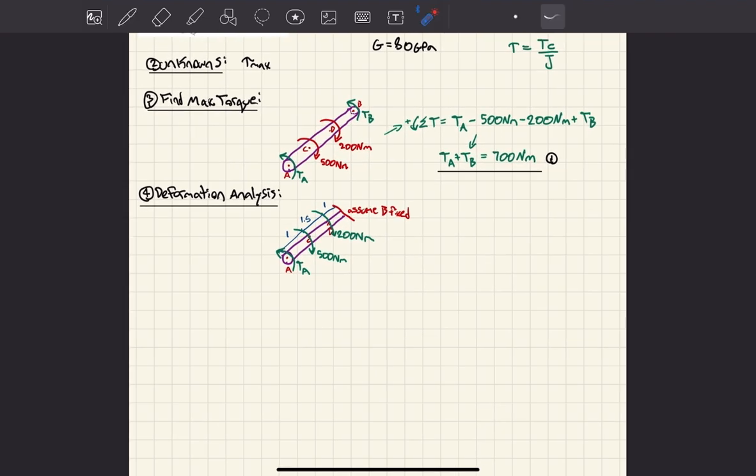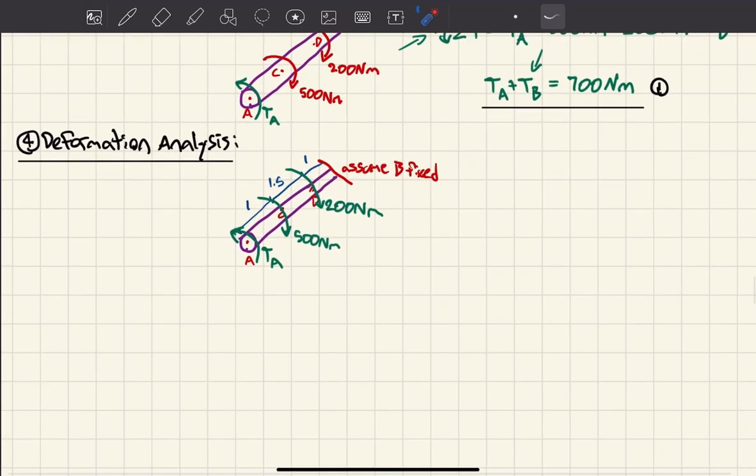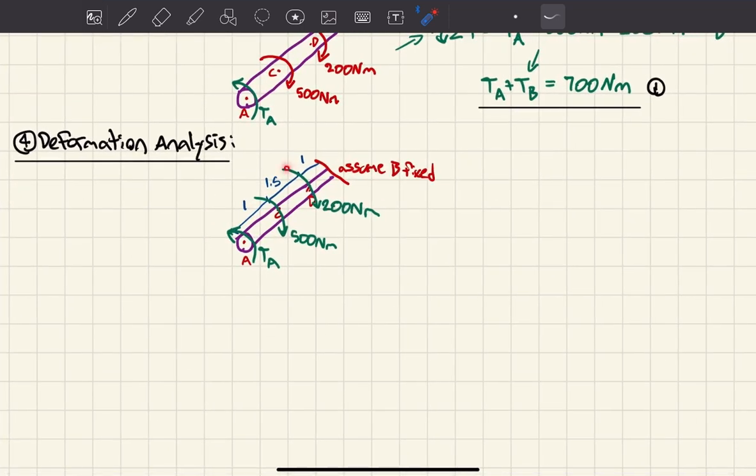Now I'm going to come up with a formula that relates the angles of deformation. So what's happening in this specific scenario? Well, I'm going to have an angle of deformation caused by the 200 Newton meter torque, an angle of deformation caused by the 500 Newton meter torque, and an angle of deformation caused by my torque TA.